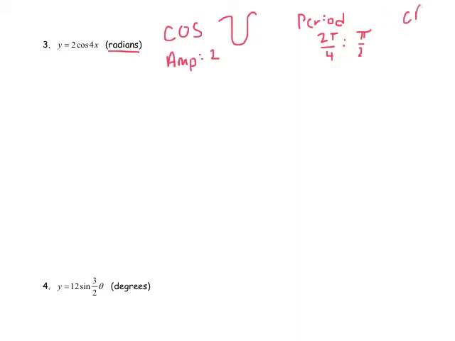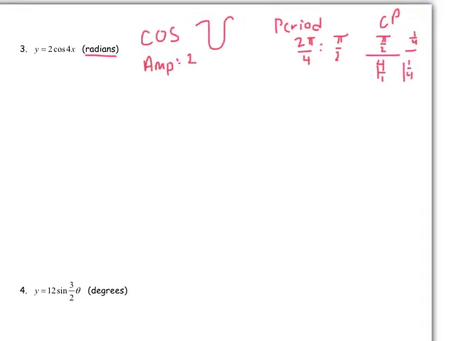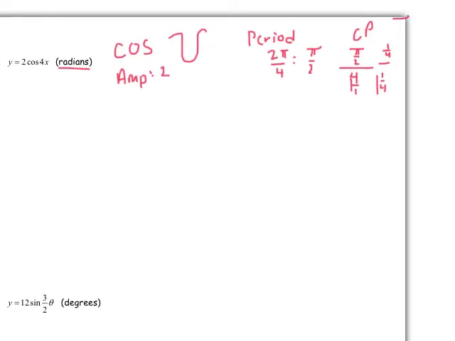And my critical points is take that pi over 2 and divide it by 4. So in order to reduce this fraction, I am going to put 4 over 1. So now I can do 1 over 4, 1 over 4. This cancels with this, and I get pi over 8. So my critical points is pi over 8.